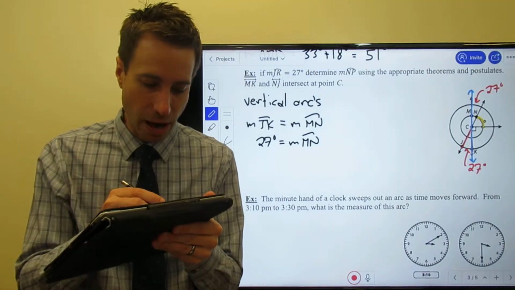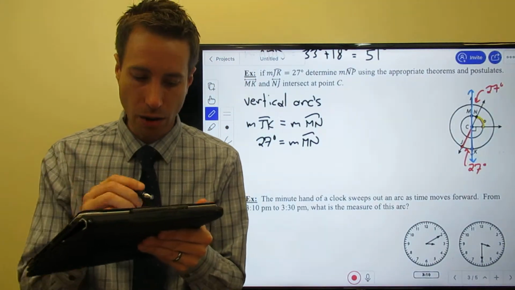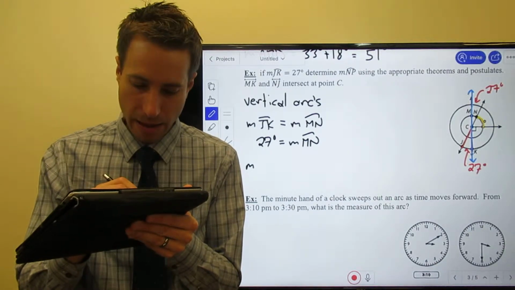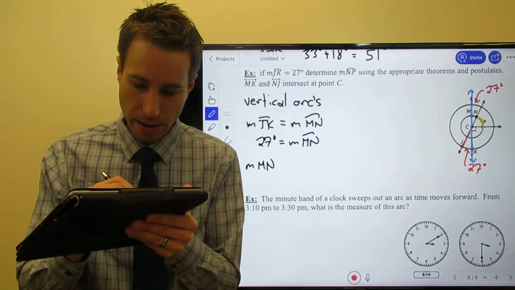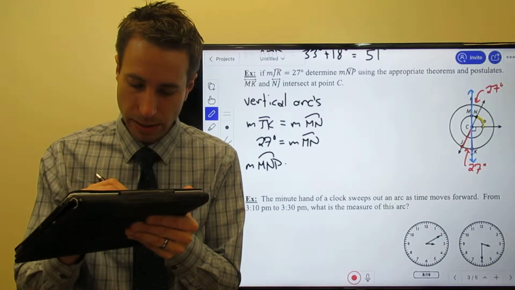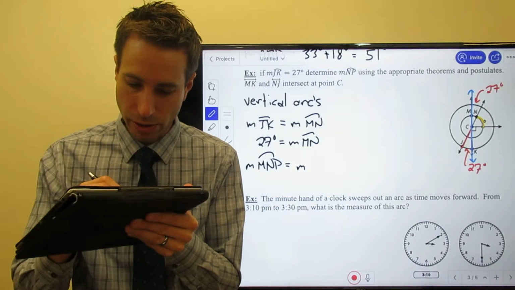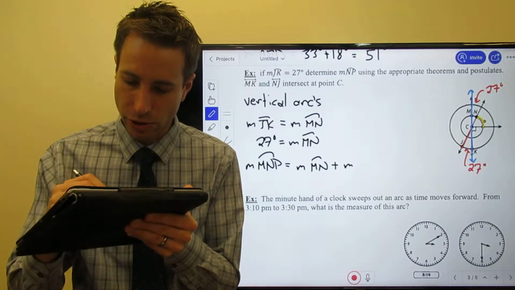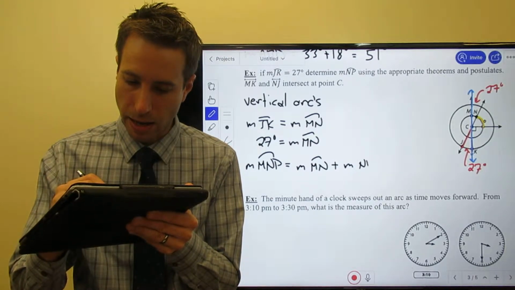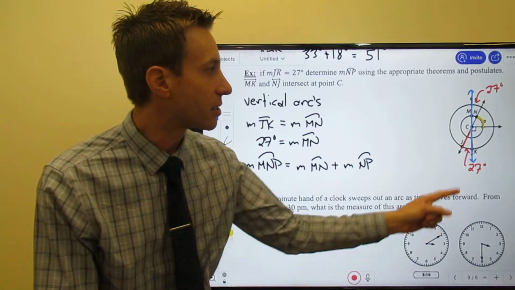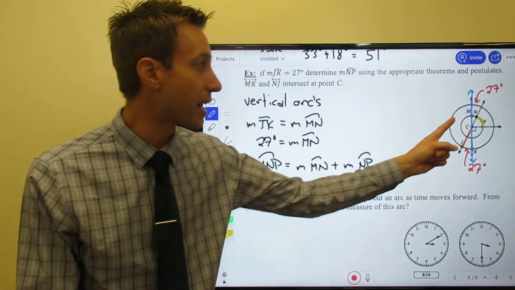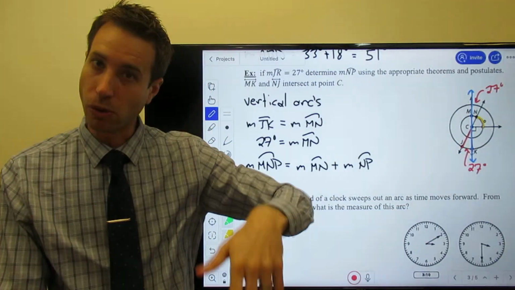So here's what we've got. I know that the measure of MNP is equal to the measure of arc MN plus the measure of arc NP. I have to sum together MN and NP. Add those two together, that'll give me MNP, that whole thing.